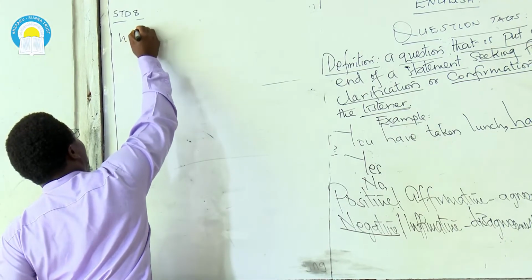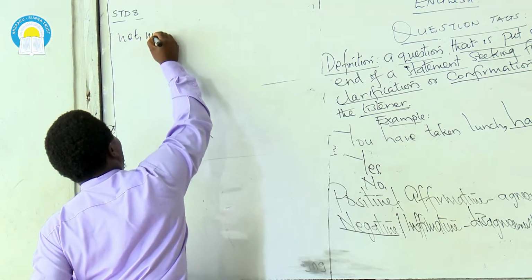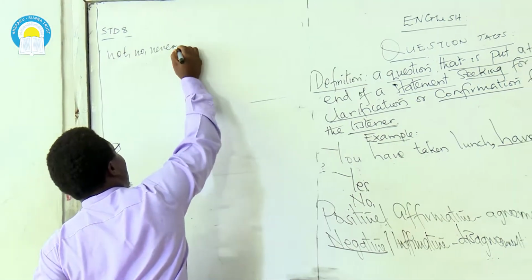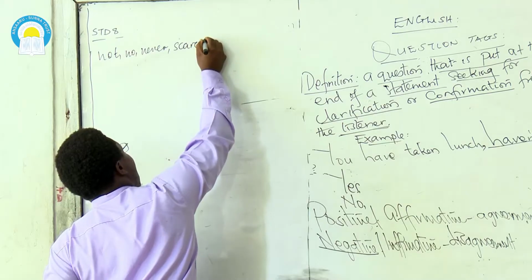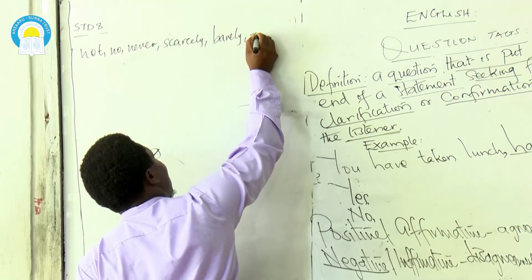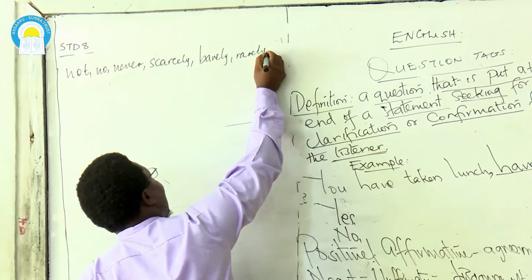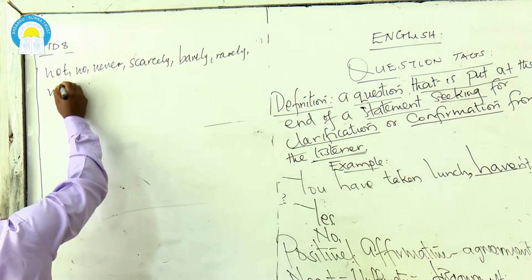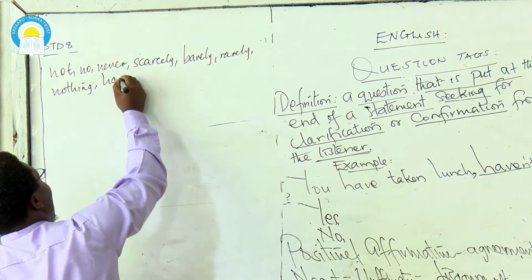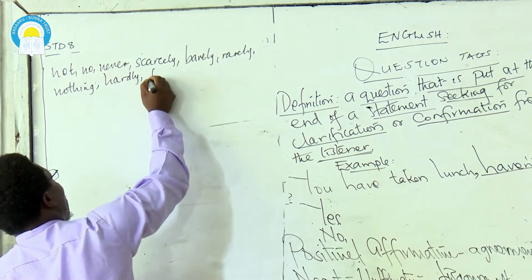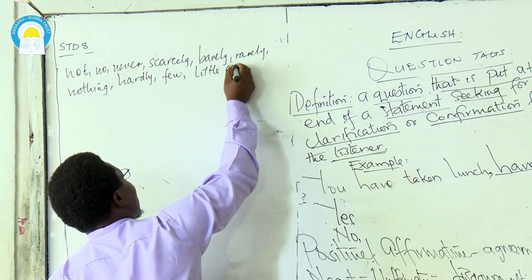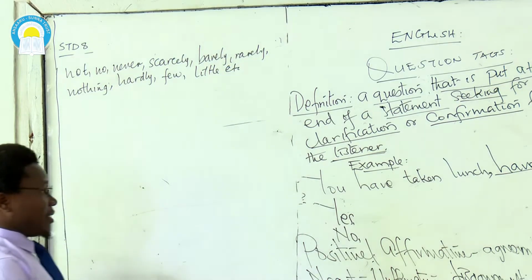First and foremost, we have not. We can add on no. We have never, scarcely, barely, rarely, nothing, also hardly, not forgetting few, and little, among many others.